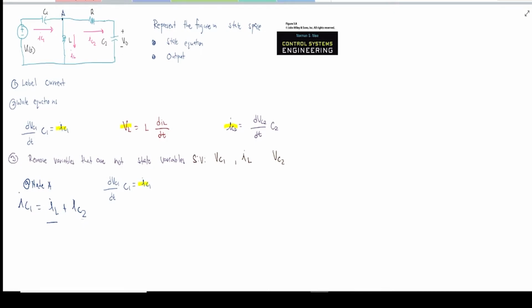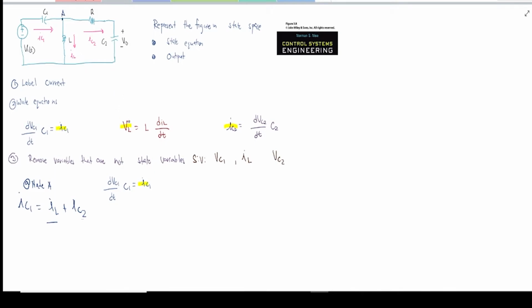Okay, let's try to analyze this loop here: L, R, and then O, or the output. If we try to do some KVL, what happens here is that we're going to have the voltage drop in the inductor, which is not a state variable.